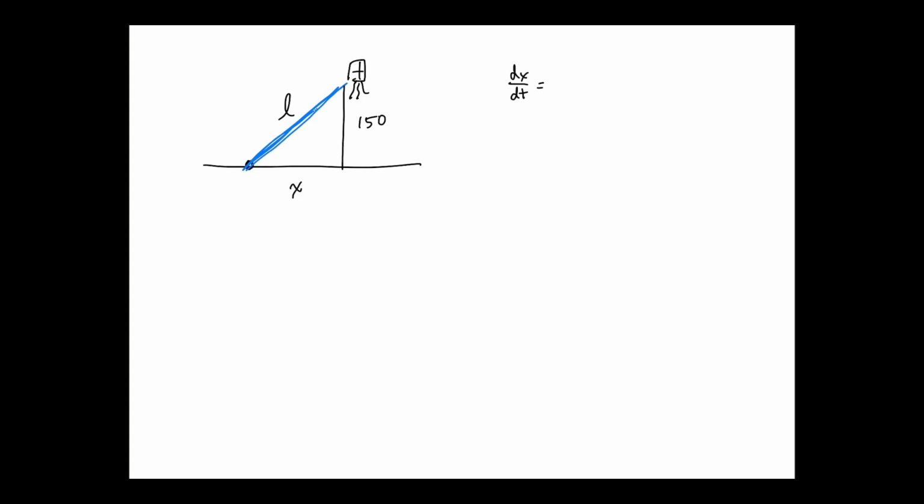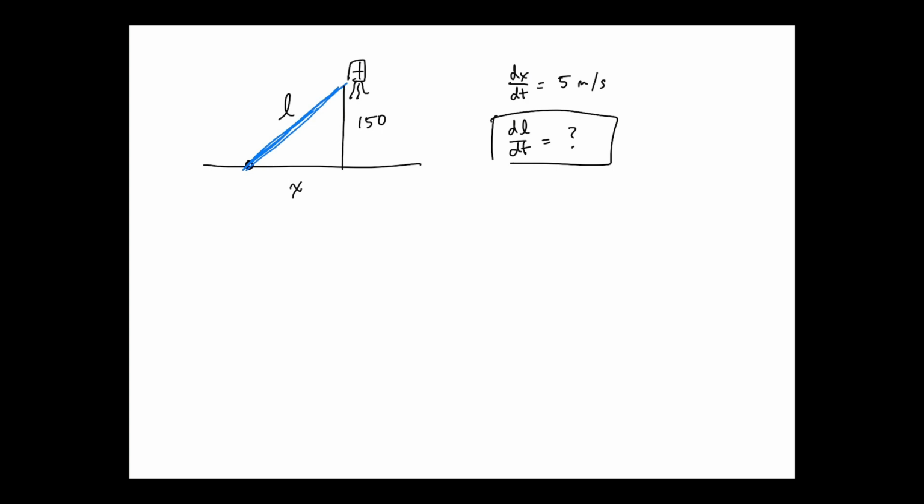Yeah, 5 meters per second, and that was constant basically because of the wind. How fast is L changing? Right. That's the thing we're trying to solve for. So it's good to notate that's what we want to solve for, so it's okay we don't know it yet.